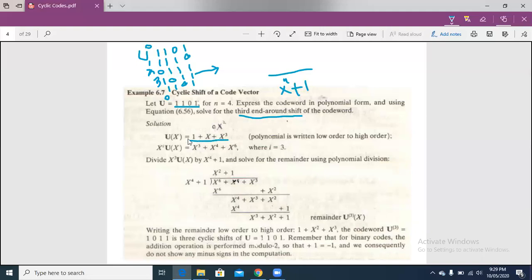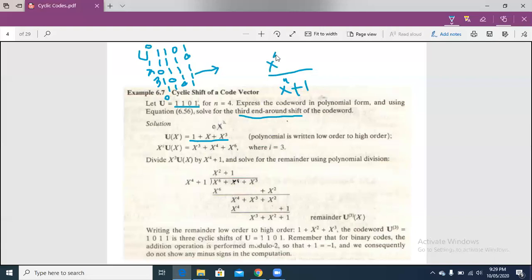And to generate a code word with the third cyclic shift, we have to multiply it by x3. So we multiply u of x by x3. So it is in fact x3, x4 and x6. So this x6, x4, x3 will be divided by x4 plus 1.